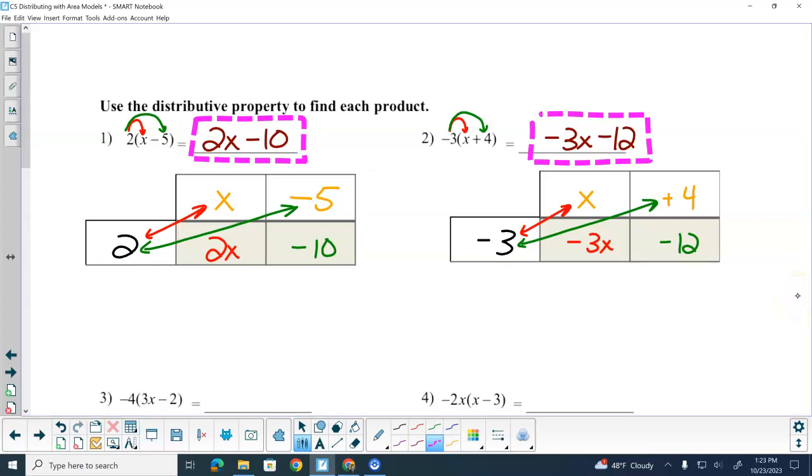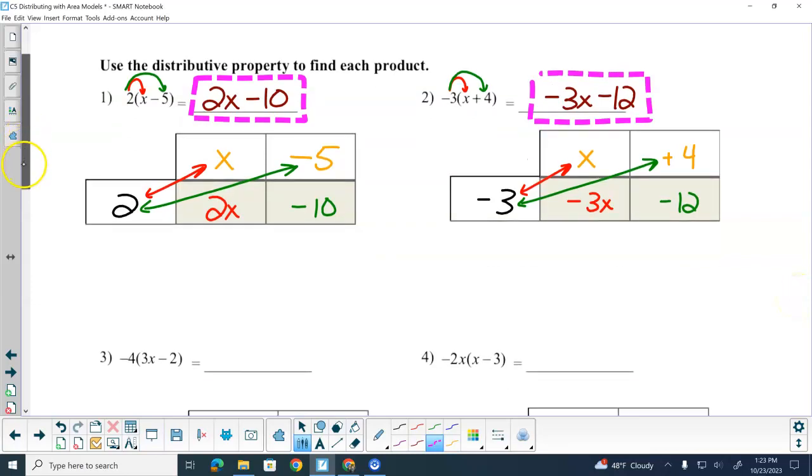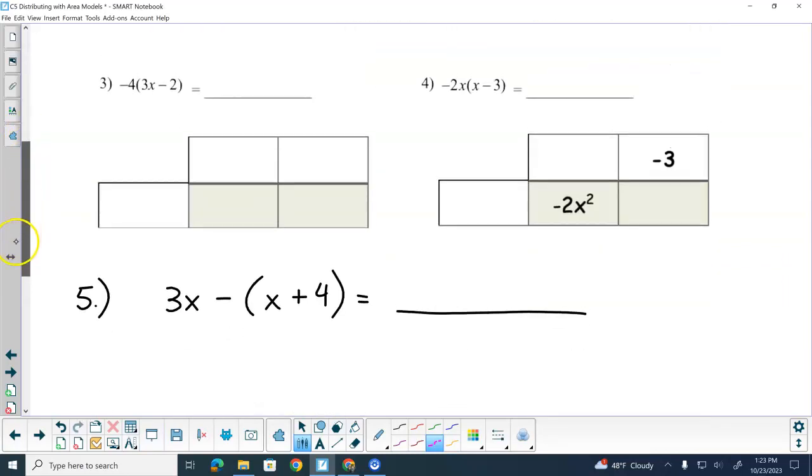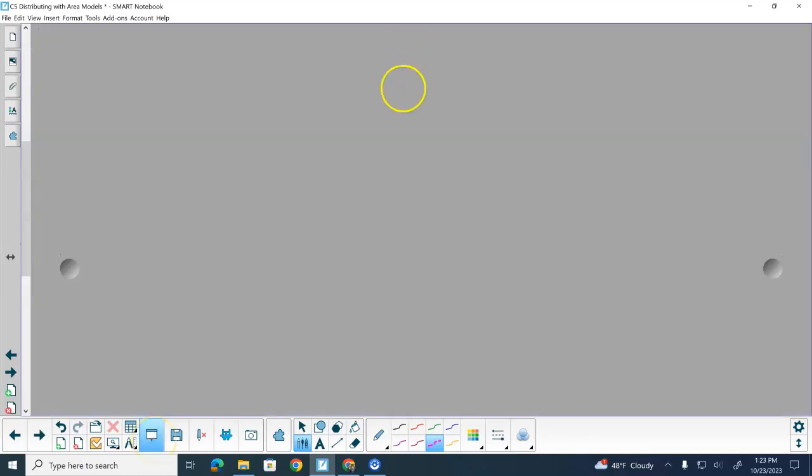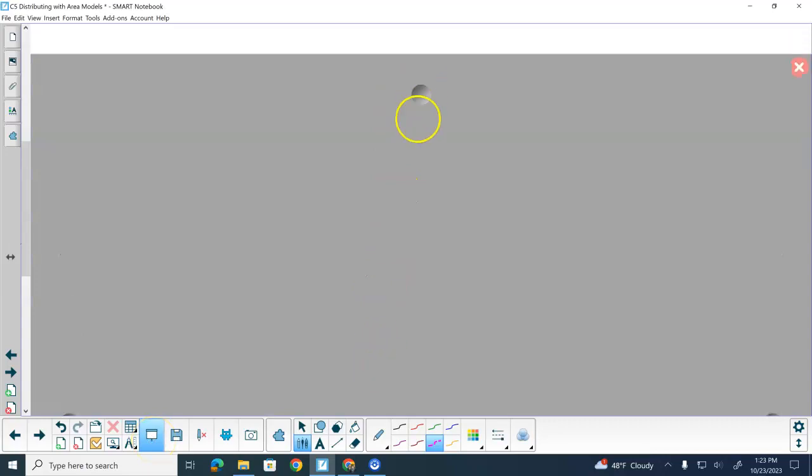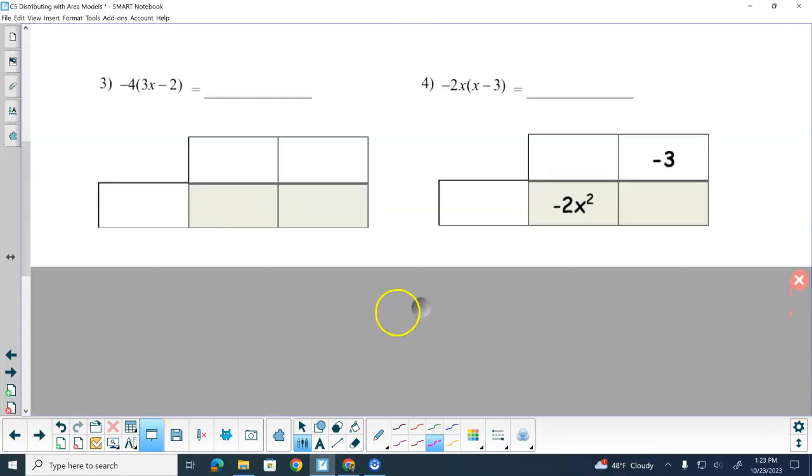Now go on and try number 3 and number 4. I also added one in for the bottom, but we can do that one together when it's done. Okay, so actually let me bring the shade back.